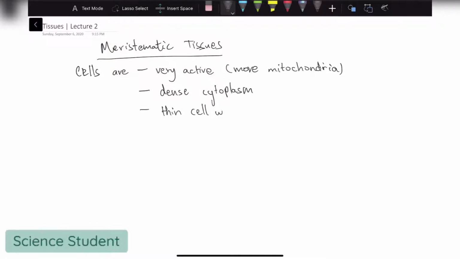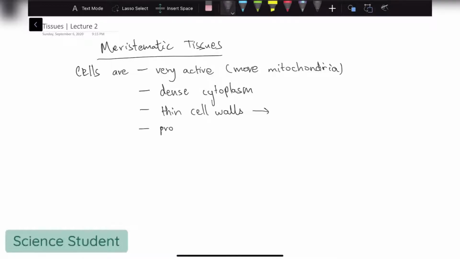cell walls. But now why thin cell walls? This would be learnt in the higher classes. Okay, so I'll tell you now, thin cell walls, as they divide, the hard cell wall needs to be, there is a process called cell plate formation. These thin cell walls, due to this, they need not go through that process and thus division is easy.